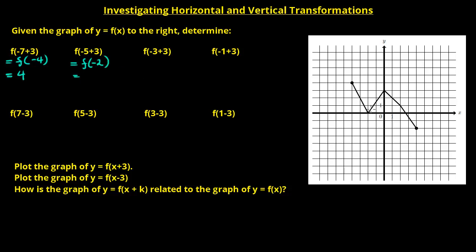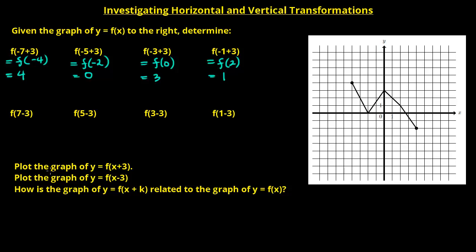And f of negative 2 is 0 from our graph. F of negative 3 plus 3 is equal to f of 0. And f of 0 is positive 3. F of negative 1 plus 3, well, that's equal to f of 2. And f of 2 is equal to positive 1 from our graph.